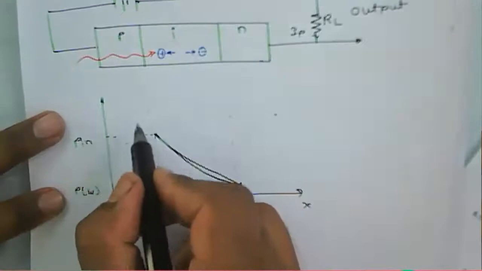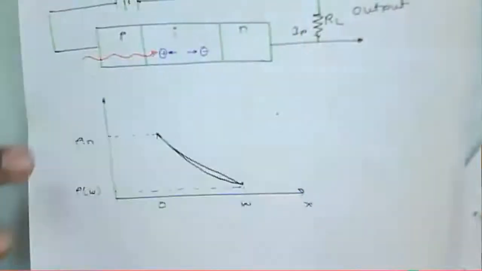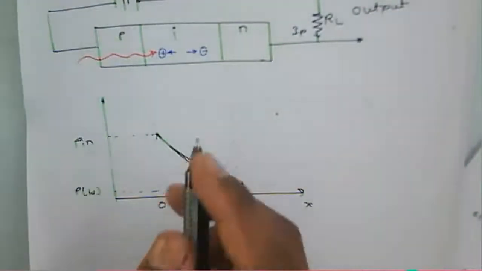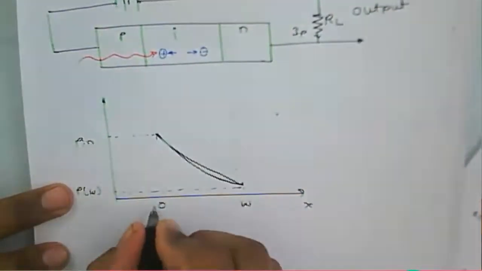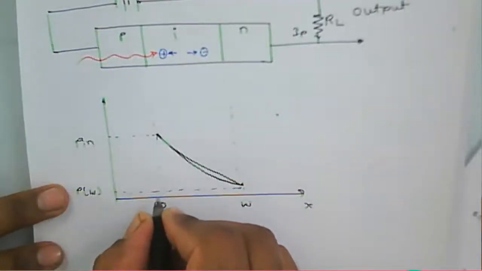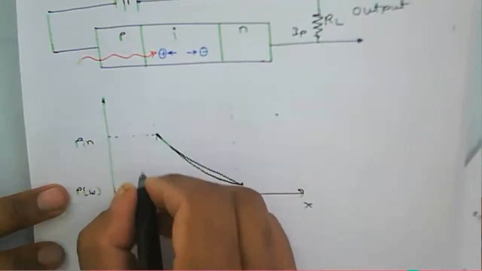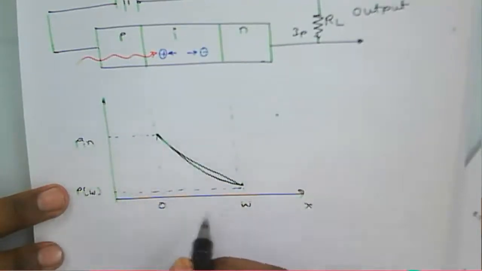Suppose we consider that it has a power level of Pin that will be falling on the detector at x is equal to 0. Then what happens? The power level P of x at a distance x we just consider here.